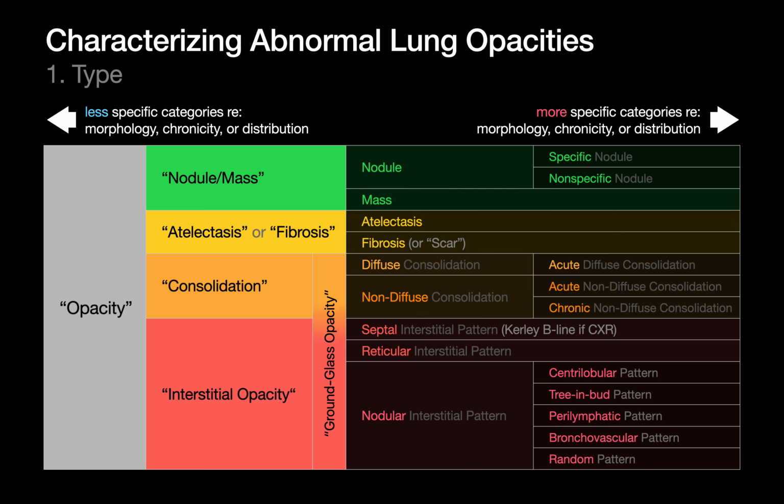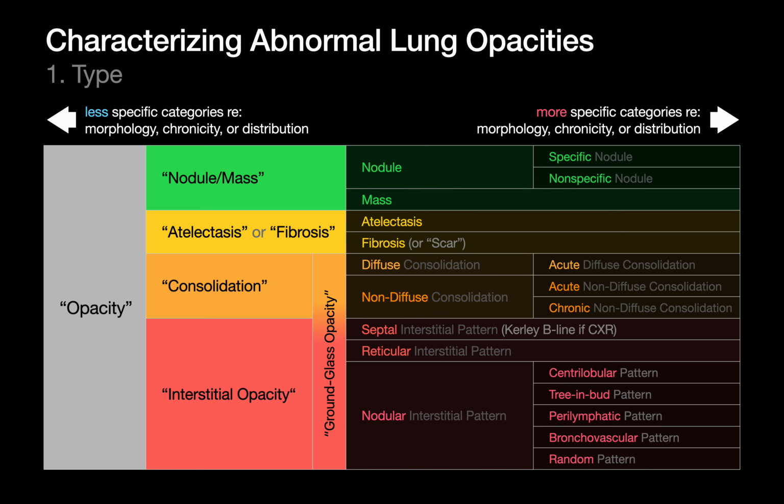Before we leave this slide, there's one term here I want to point out: ground glass opacity. You've probably heard that term before. And the important thing to understand is that ground glass describes what an opacity looks like on CT. The lung is more attenuating than normal, but you can still see the underlying vessels and airway walls through it.